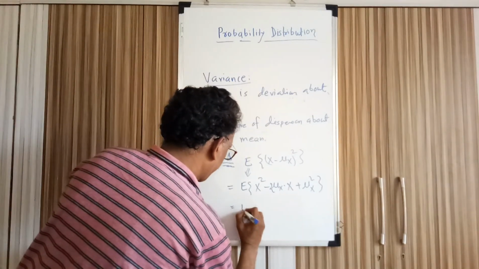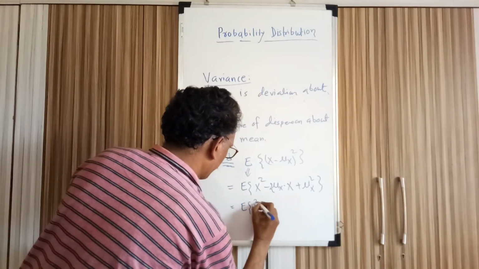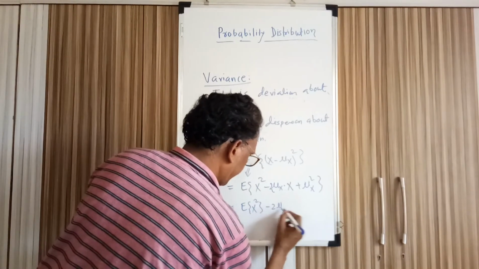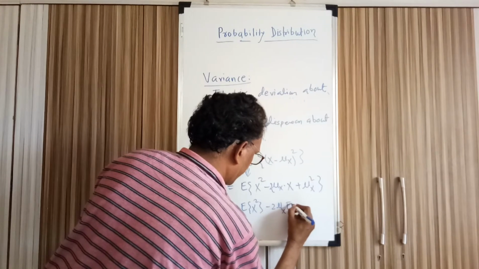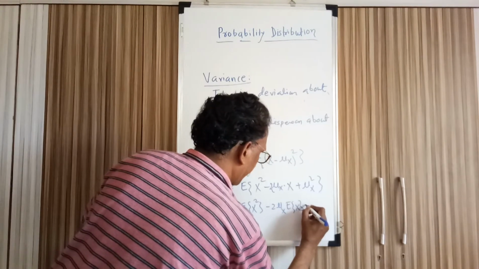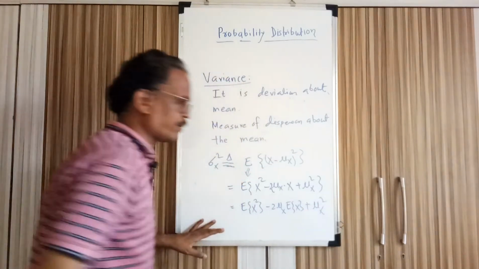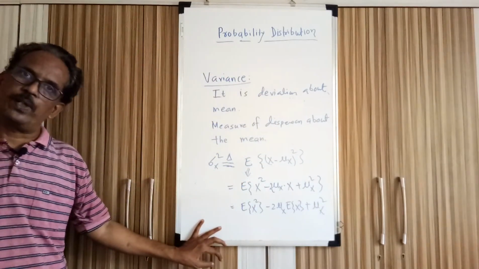So expected value of x square is totally random. Minus 2 mu x is a deterministic factor, so expected value of x, and expected value of mu x square is mu x square, because mu x is a mean which is known to us.